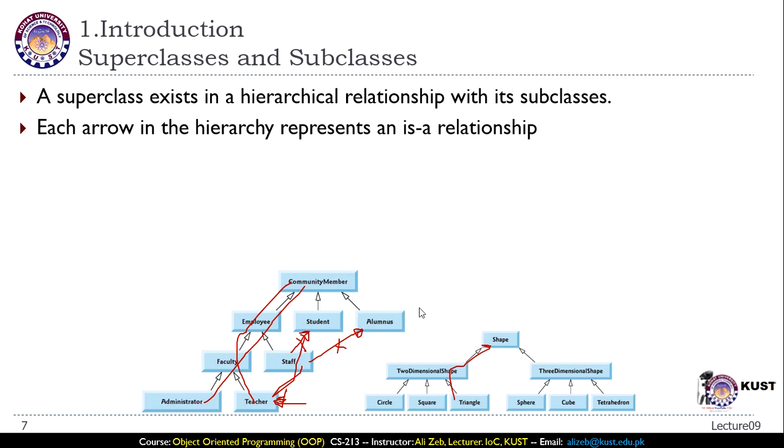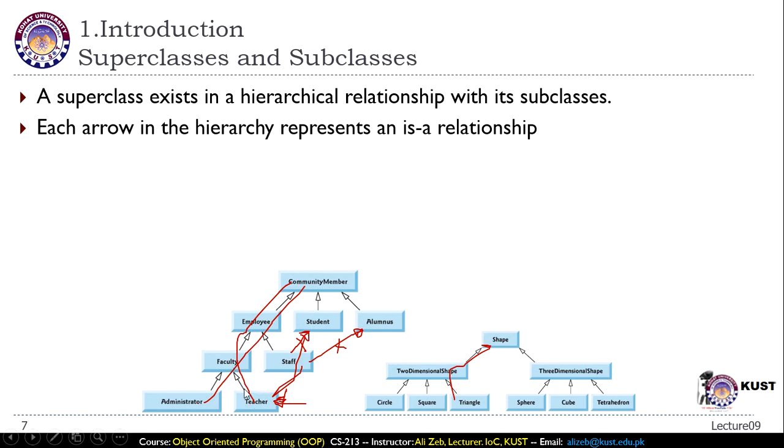Now we understand that a staff member can be a former student of the university, but currently in Java we cannot directly inherit from more than one class. So technically we cannot have this kind of relationship between the staff and the alumni, or the staff and the student classes.